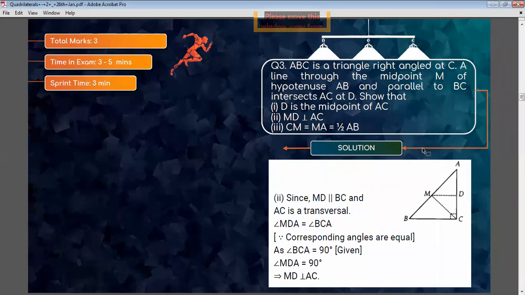MD perpendicular to AC. Here AC is transversal. Okay, this AC is transversal. The angles MDA and BCA are corresponding angles, and that is due to corresponding angles being equal.